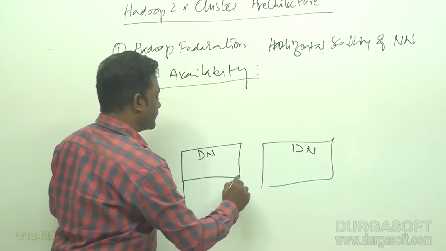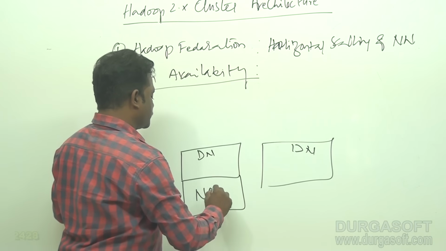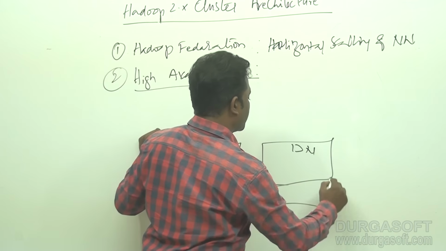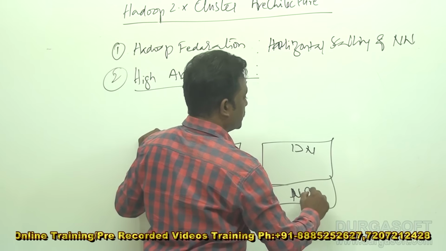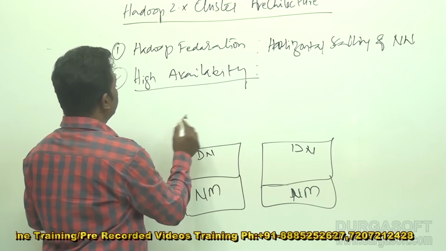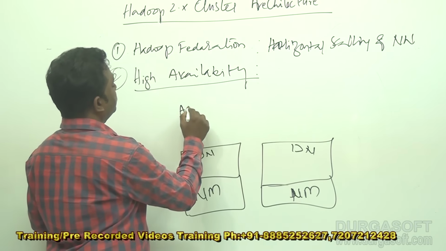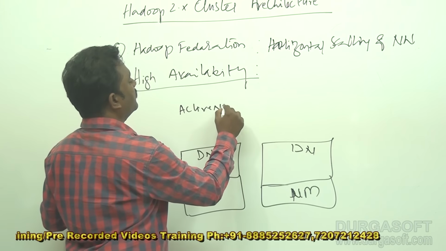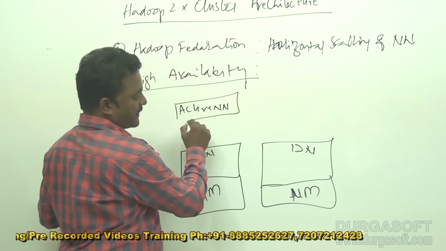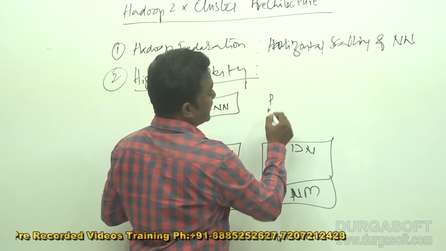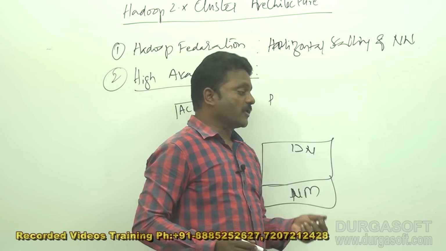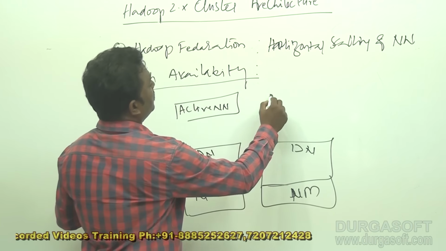In which again we have something called a node manager, and also another node manager. Now here we have the active name node, and here we have the secondary, or we can also call it a standby name node.